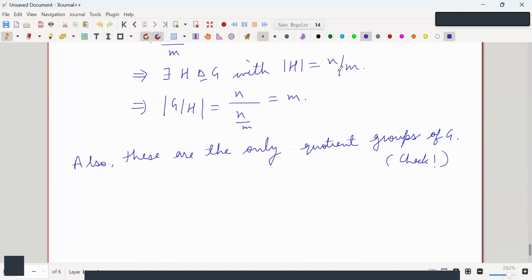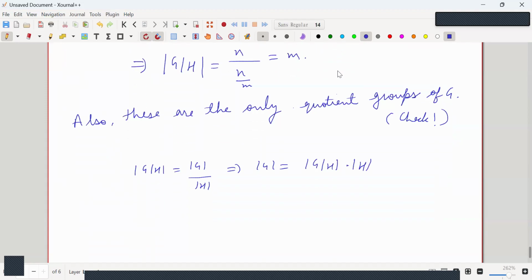The order of a quotient group must divide the order of G. That is a basic thing, because the order of G by H is the order of G divided by the order of H, which implies the order of G is the order of G mod H times the order of H, right? So the order of G by H always divides the order of G. We don't even need the group to be cyclic. If something does not divide the order of G, you cannot have a quotient group of that order.